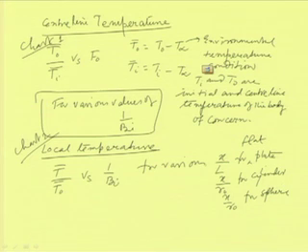So the variable is these different values of x by L or x by R naught for the different cases.